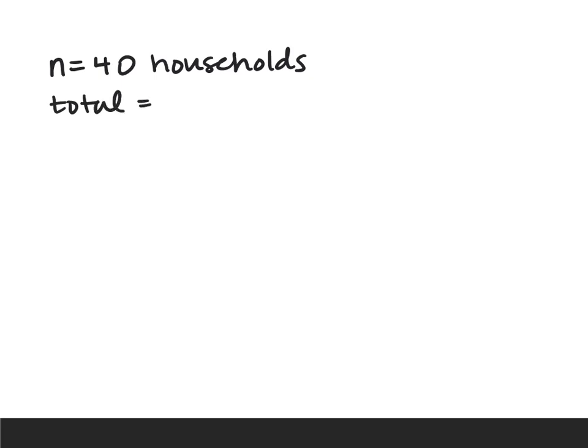All right, so for the sake of having a little bit of room to write, I'm going to write down what we had again. So we had a sample size of 40 households, and we have a total of 102 televisions.